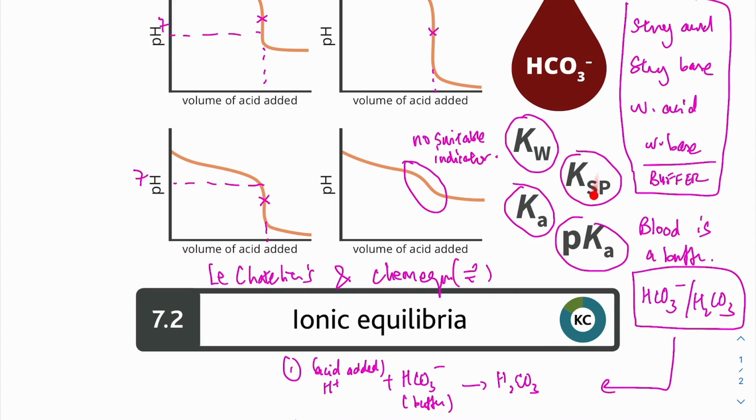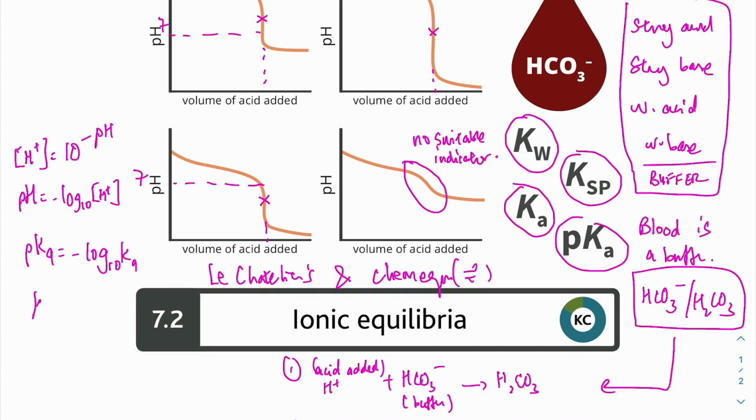Very, very important concept. pKa is related to Ka as minus log 10 of Ka, whereas pH is minus log 10 of the concentration of H+. So same as what I showed you earlier, H+ can be rearranged as 10 to the power minus pH.